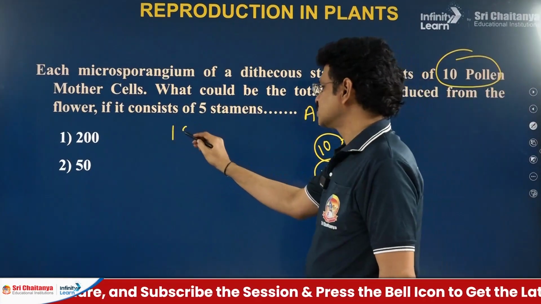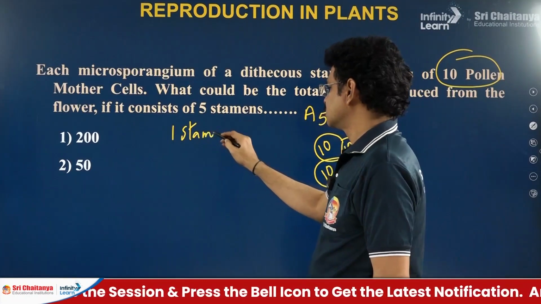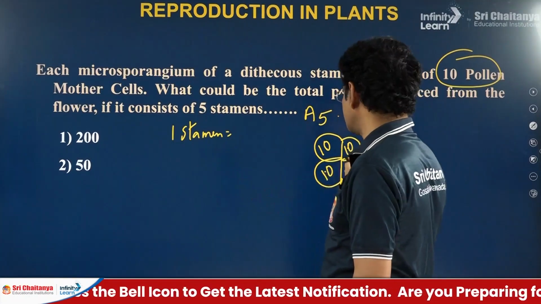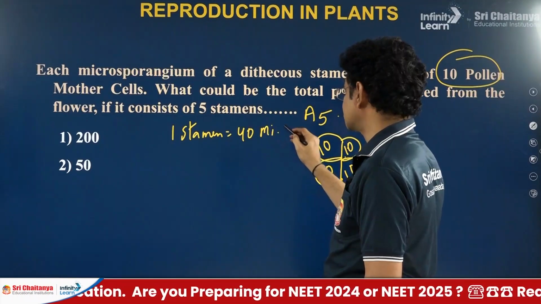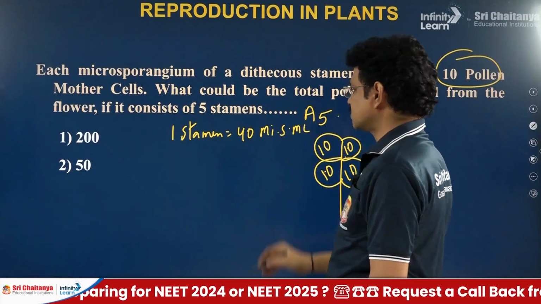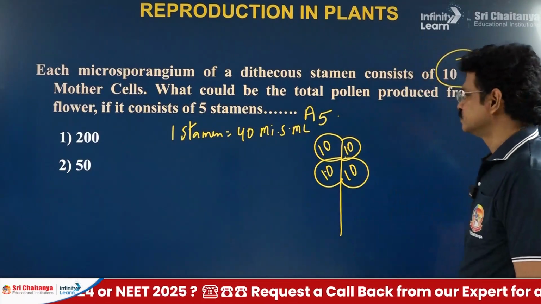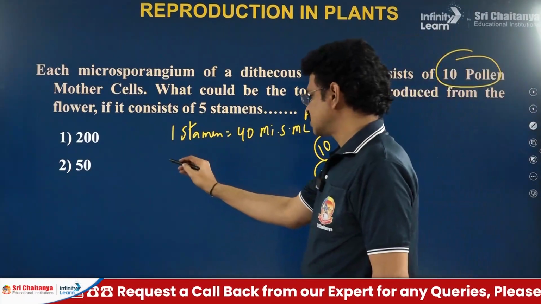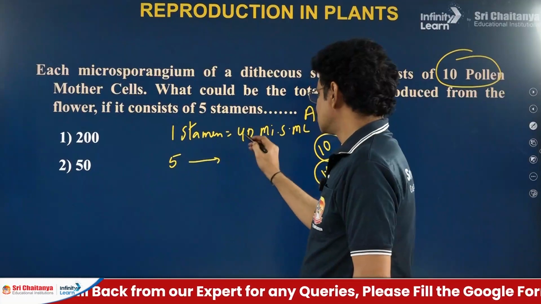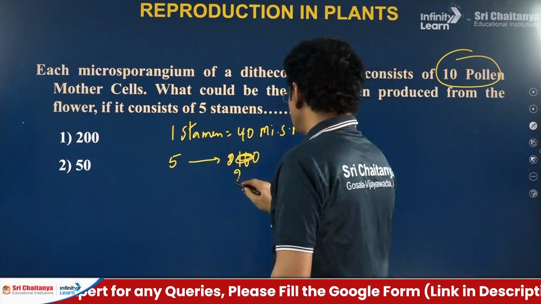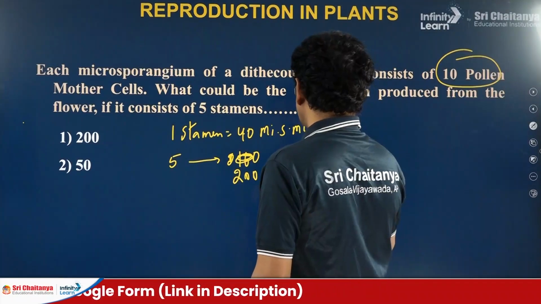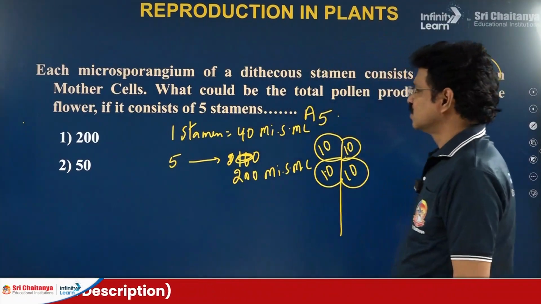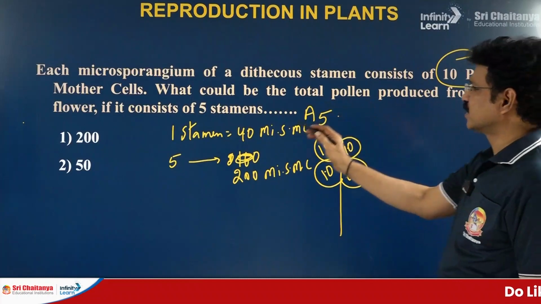In every one stamen, the total number of microspore mother cells is 40. Whereas in 5 stamens, 5 times 40 is 200 microspore mother cells. But what is the main key point in this question?